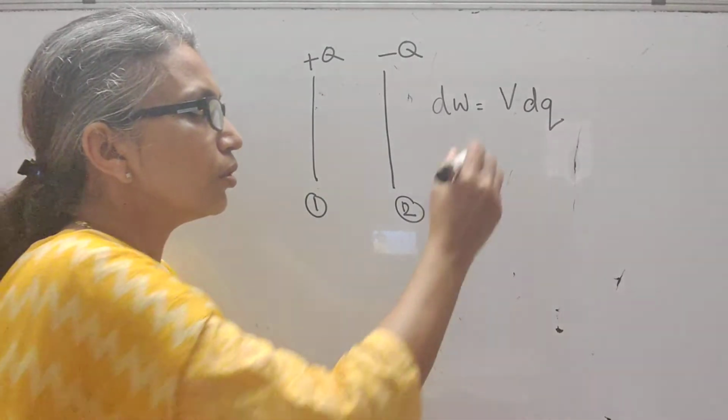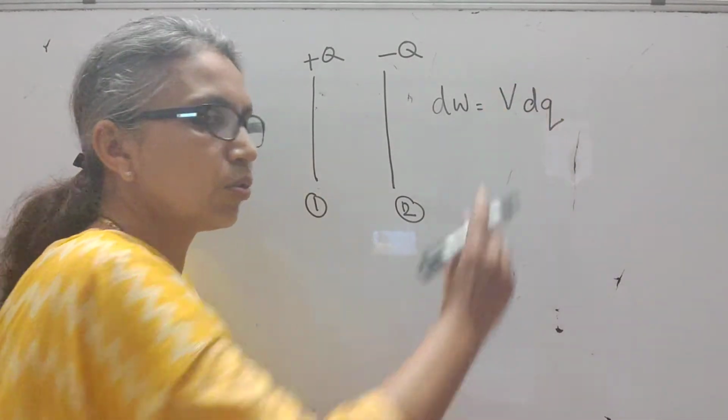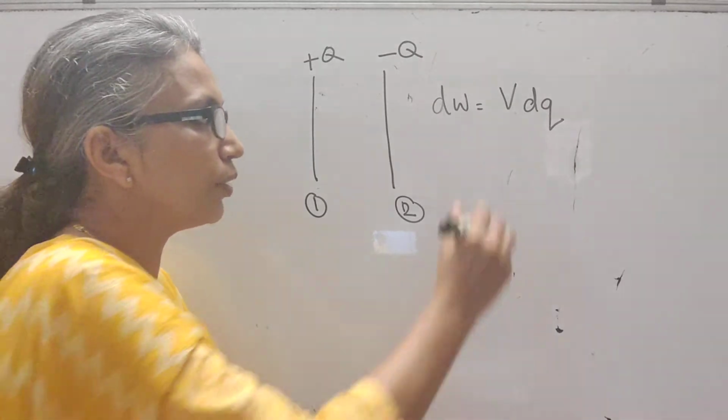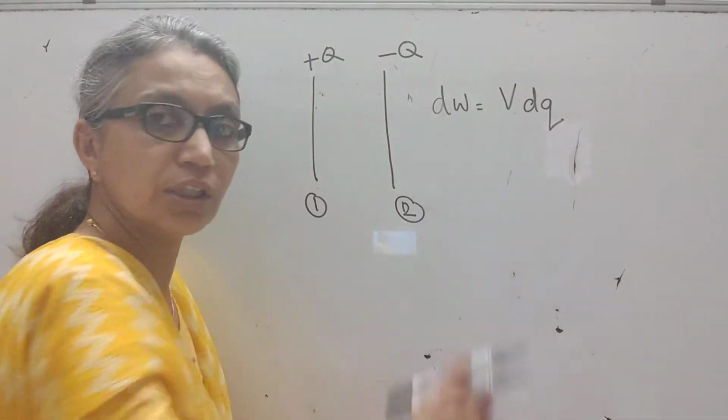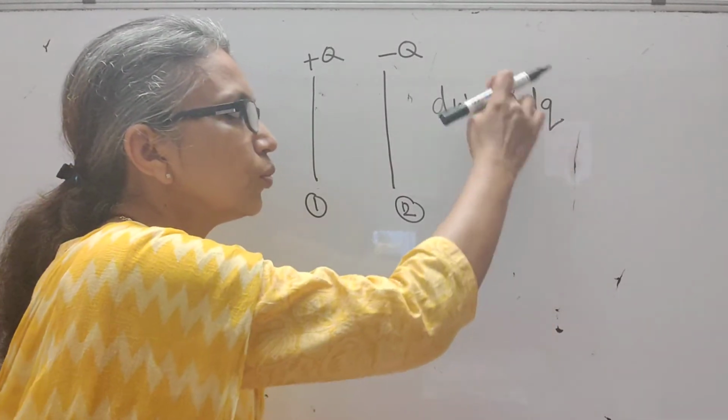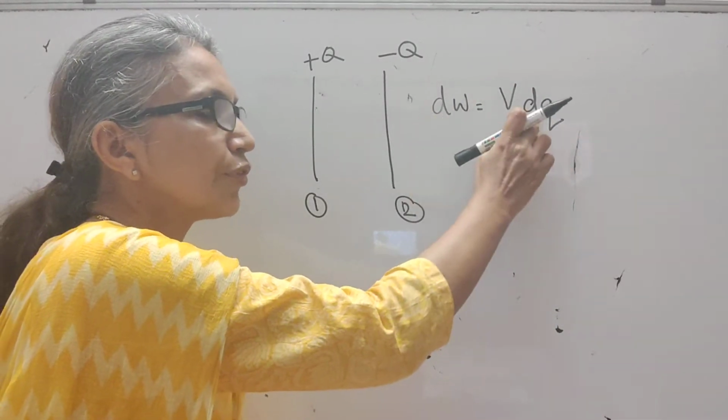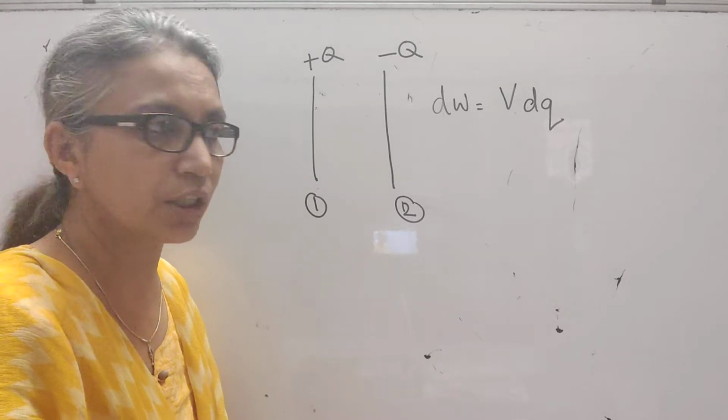So work done to carry a charge dq will be V times dq.